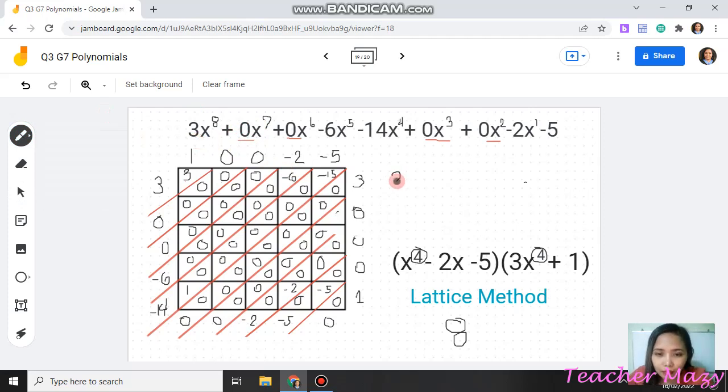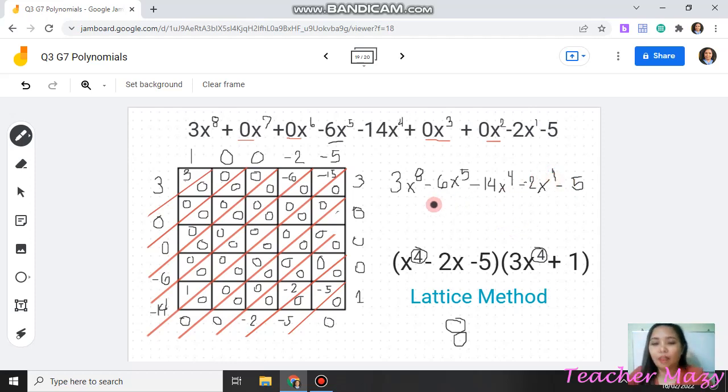Okay, so that means the final answer is 3x raised to 8, minus 6x raised to 5, minus 14x raised to 4, and then minus 2x raised to 1, and the constant, which is 5. Okay, so that's it.